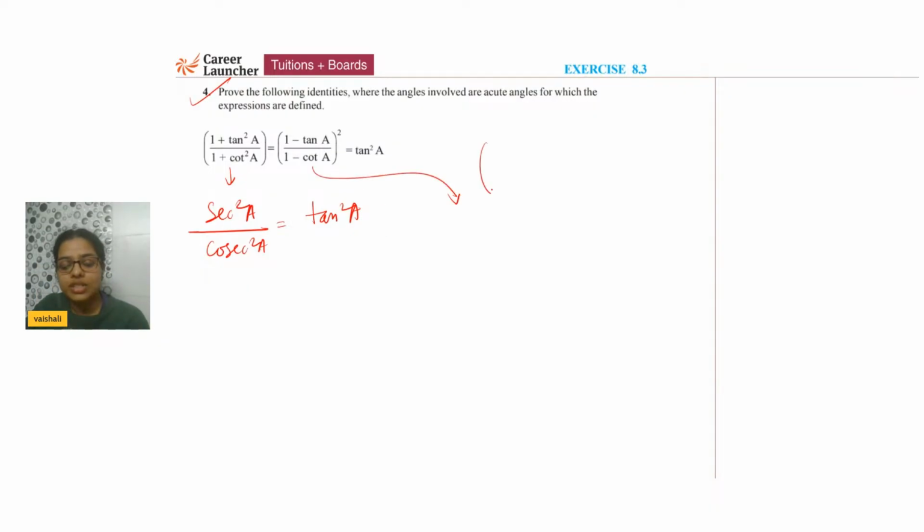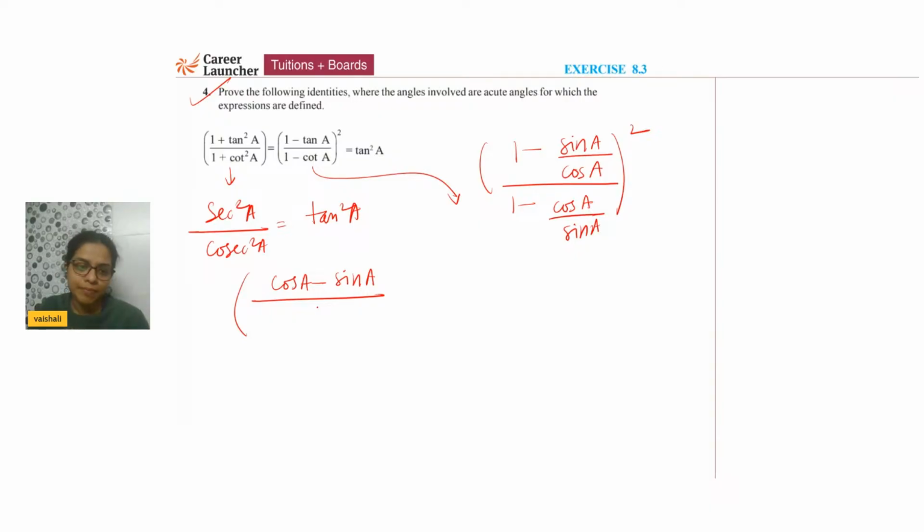Now moving on to this, 1 minus sin by cos and divided by 1 minus cos by sin. So ये bracket है हमारे पास. So we have cos a minus sin a divided by cos a, and further divided by sin a minus cos a divided by sin a.